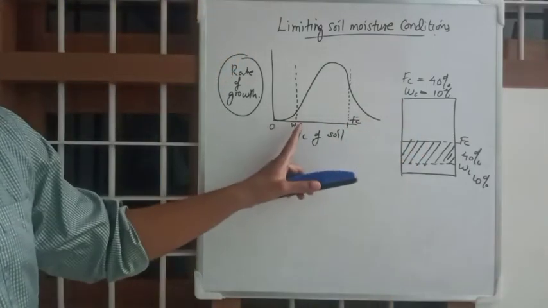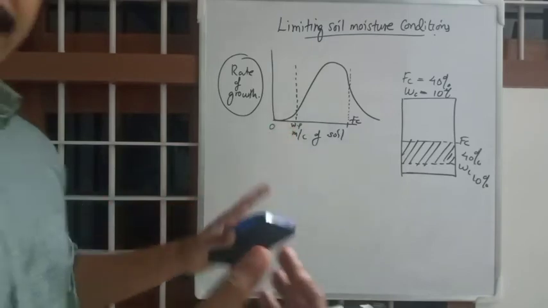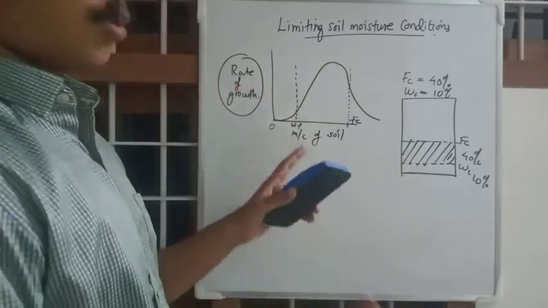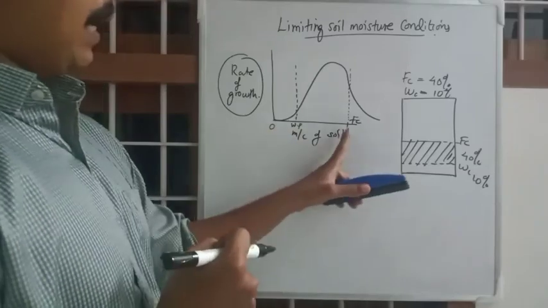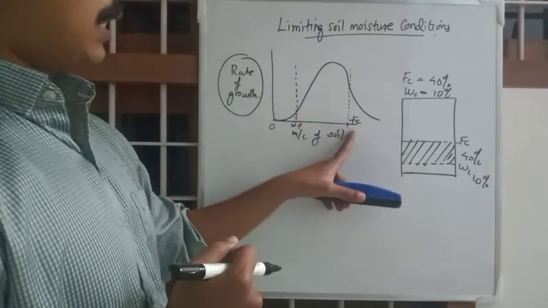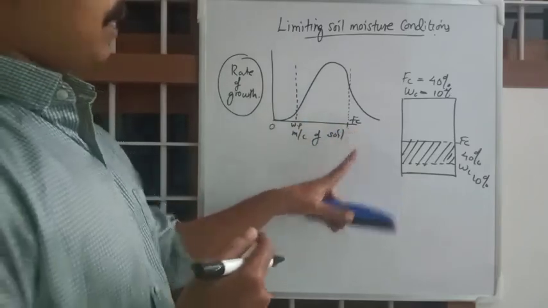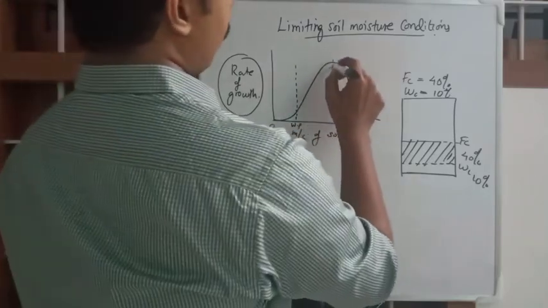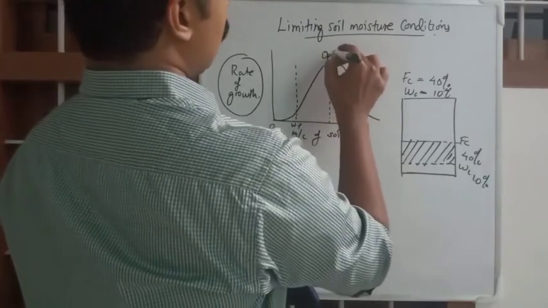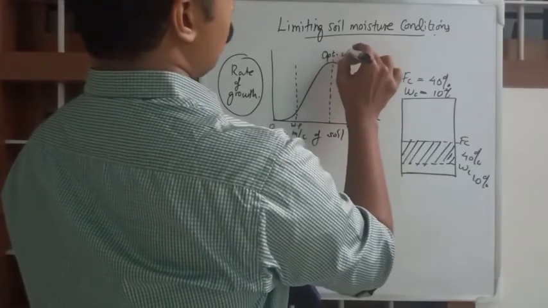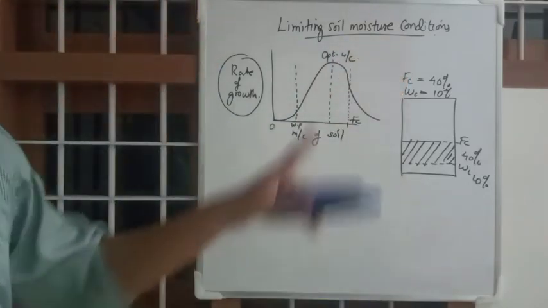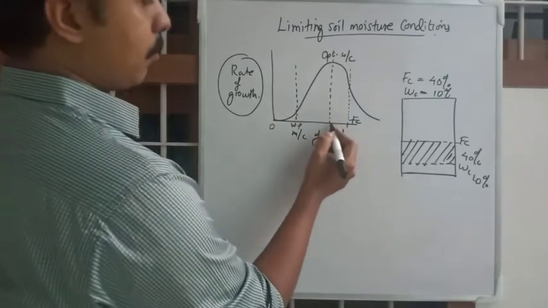It won't be maximum at the wilting point, since it will be very hard for the roots to take up water, and it will not be the maximum rate of growth at field capacity either. There will be an optimum point, and it is termed the optimum water content or moisture content at this point.